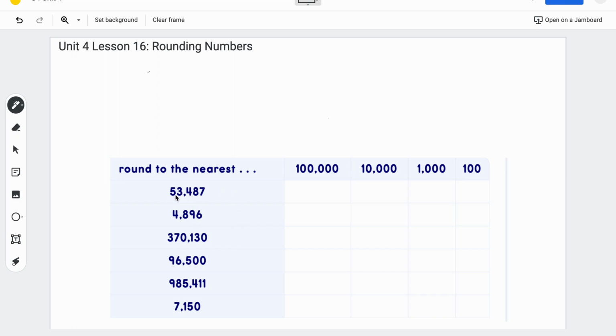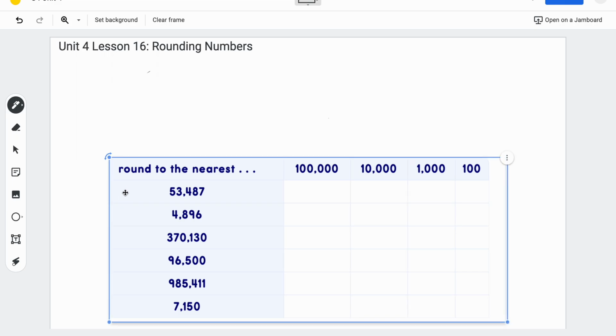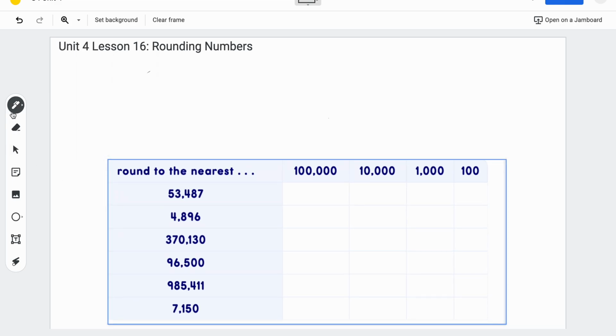So let's start with this number, 53,487. What we're really saying here is, is this number closer to, well, let's think about the two multiples of 100,000 that this number is between.